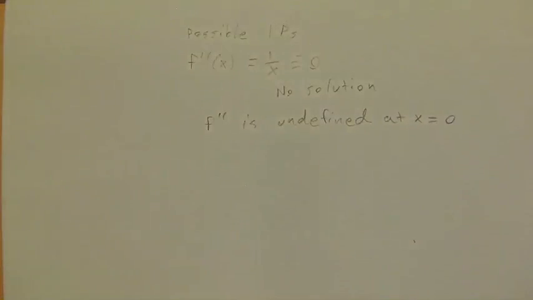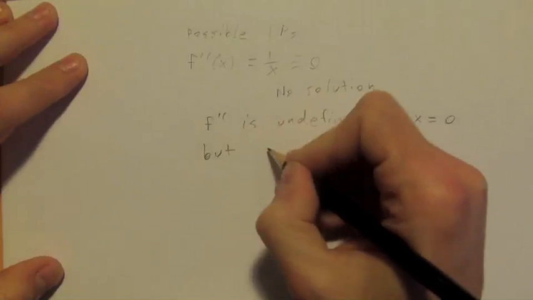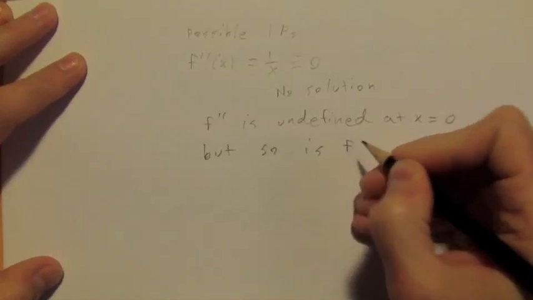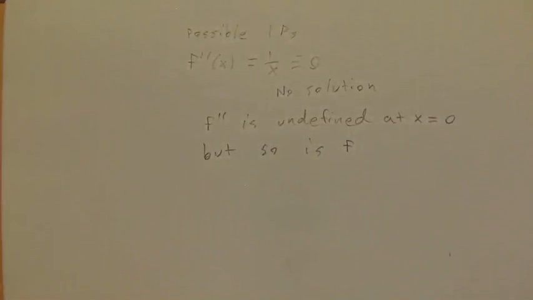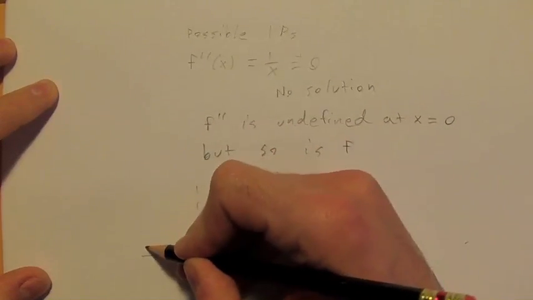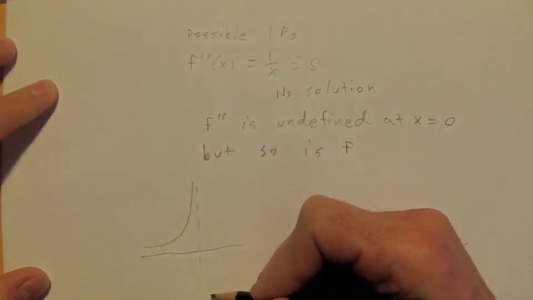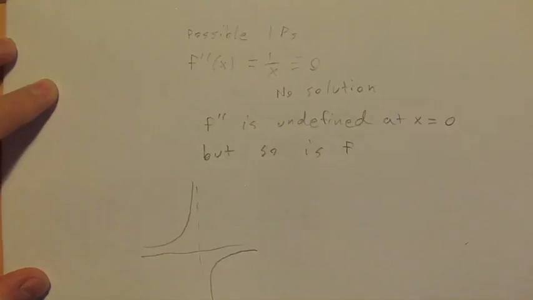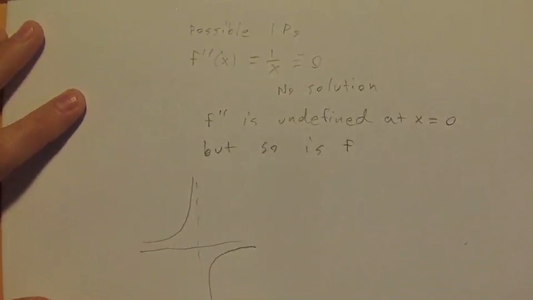So you might think that that is helpful, but it's really not, because so is the original function, right? So it actually doesn't, it's not something we check for an inflection point. It can't be an inflection point because f doesn't even exist there. And that doesn't necessarily mean f can't change inflection at a place where it doesn't exist. For example, if you have an asymptote, you can change from concave up to concave down, right?